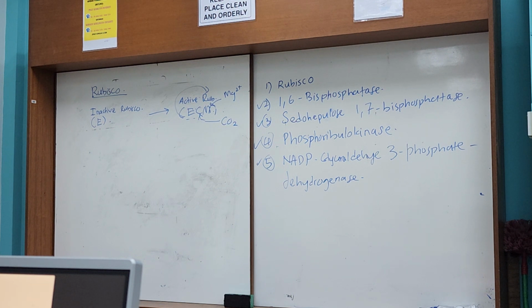Magnesium will come later to stabilize it. Okay, so this whole new form of activated is called carbamylation. It's actually the addition of some functional group to the Rubisco.